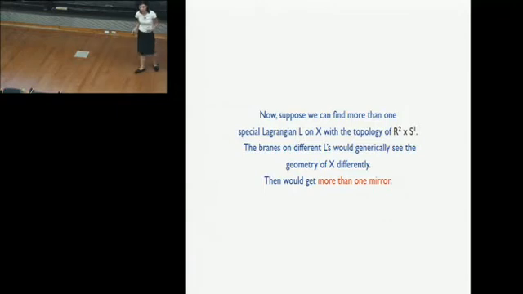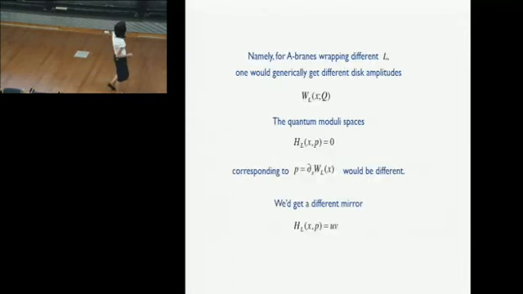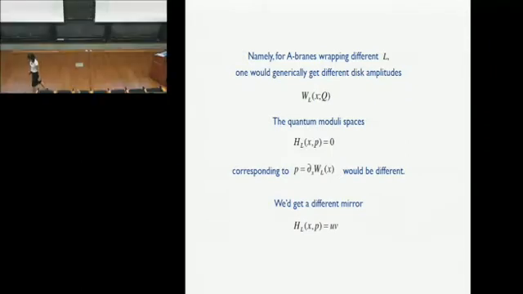And so you would get more than one mirror by studying the quantum moduli space of these branes. Namely, for branes wrapping different Lagrangians of topology R2 times S1, you'd get a different disk amplitude, and with it, a different classical moduli space, and hence a different mirror.